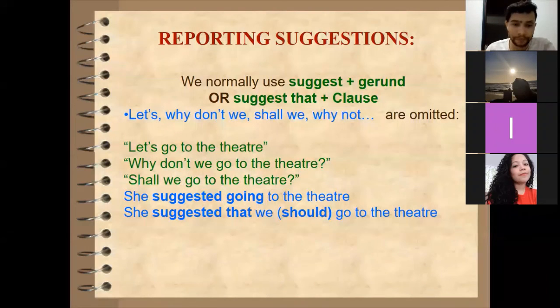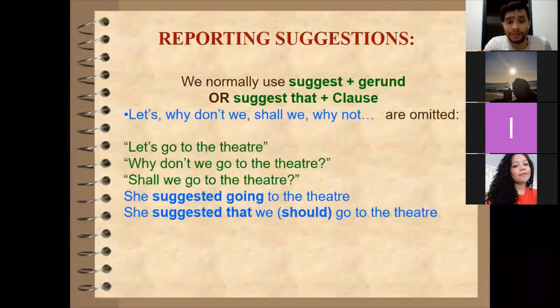All right? Now, ¿por qué should es entre paréntesis? Bueno, normalmente esta oración debería usarse sin should. ¿Por qué? Pues porque ya suggest me está indicando que esto es una sugerencia. Y volver a usar should sería redundante. Estás hablando de lo mismo dos veces, right? Entonces, si vamos a usar suggest, lo más normal sería no usar should, pero no está del todo mal usarlo.